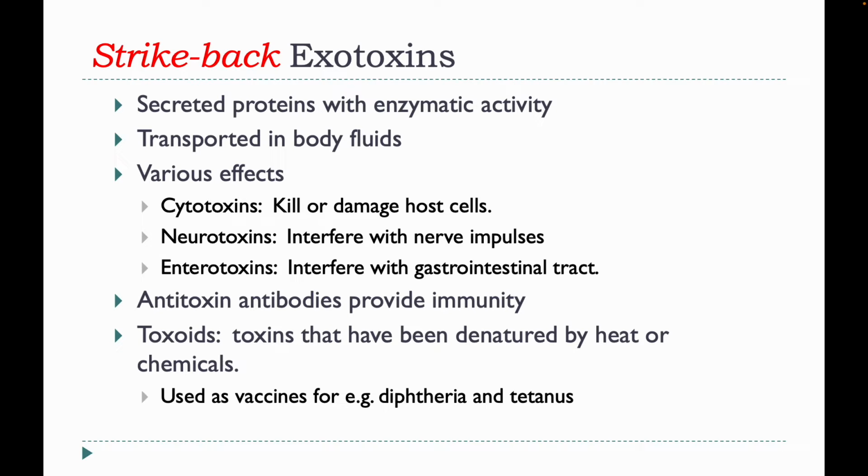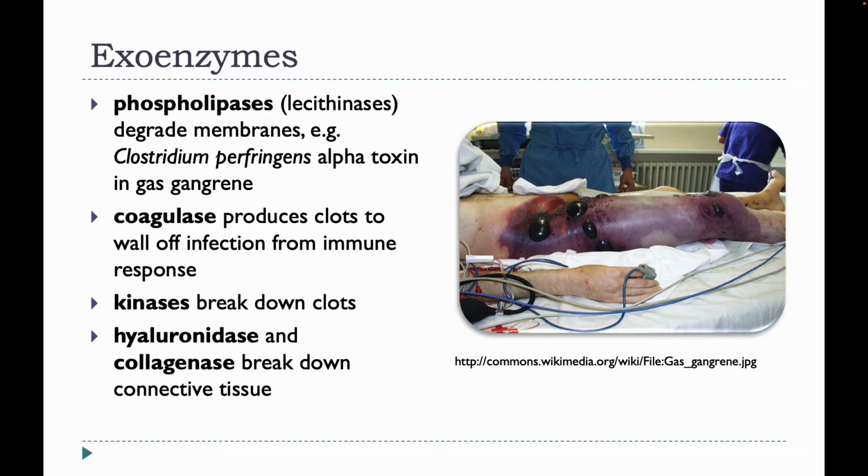Exotoxins are secreted proteins, typically with enzymatic activity. They have various effects. They can kill cells, they can interfere with nerve function, they can interfere with the function of the gastrointestinal tract. And as we mentioned, antitoxin antibodies provide immunity. There are toxoids that you can use as vaccines. Some of these are exoenzymes that actually just chew up things, and some of these can be really quite nasty.